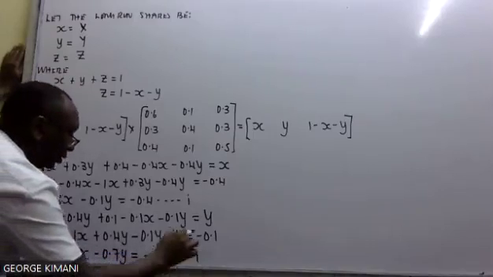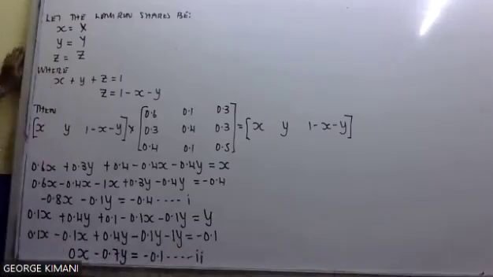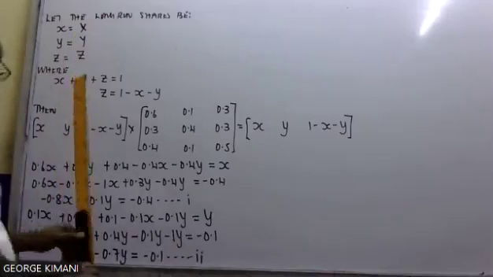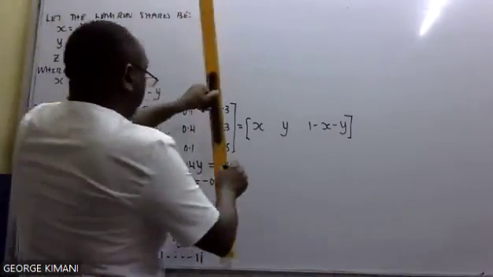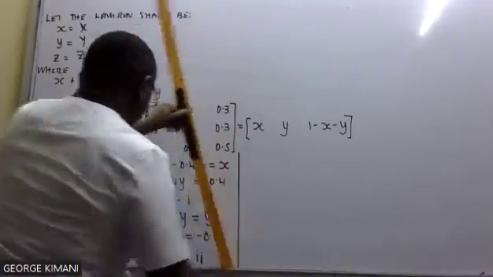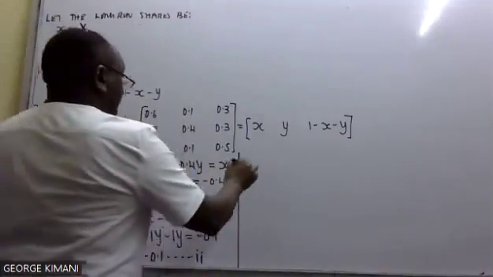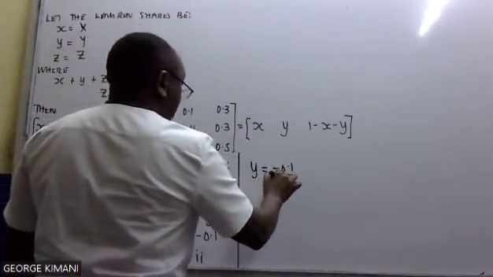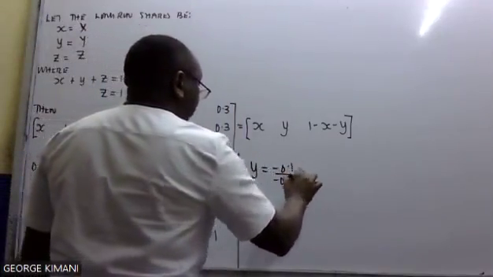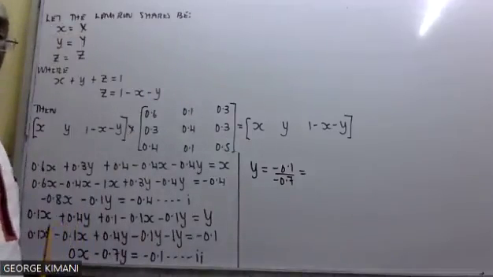And this one you call equation number 2. So basically minus 0.7y equals minus 0.1, and we can solve for y. Yes, y is equal to minus 0.1 divided by minus 0.7.